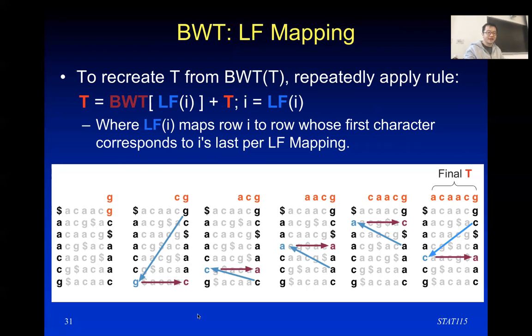And then we can tell the second C starts from the first C's position plus the rank of that C. And if we don't want to store those 4 integers, that number can be obtained by just scanning the last column. Just count how many C's there are, how many A's there are.